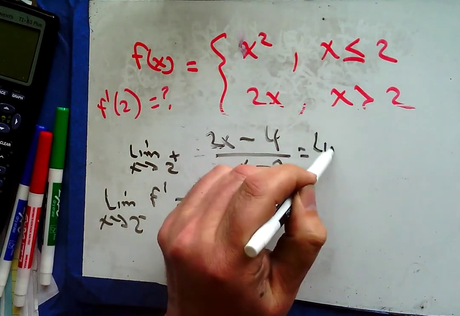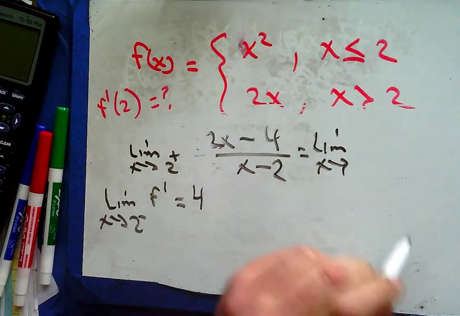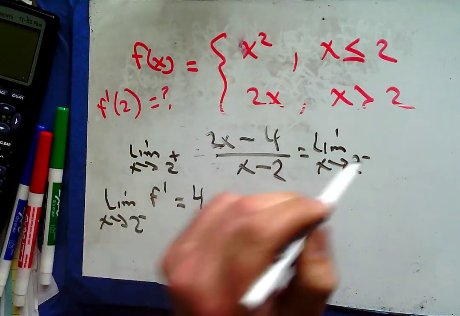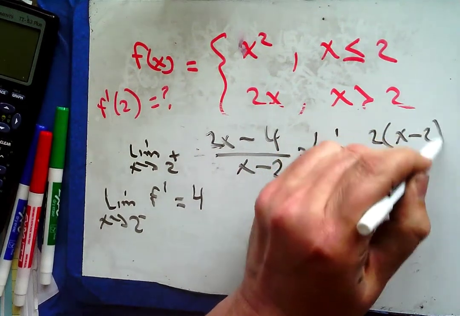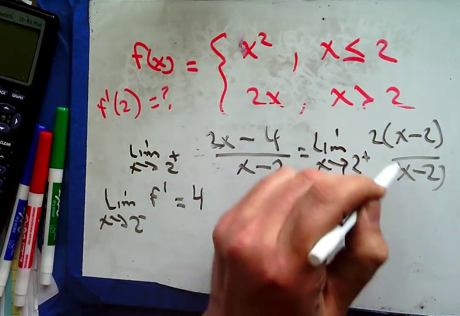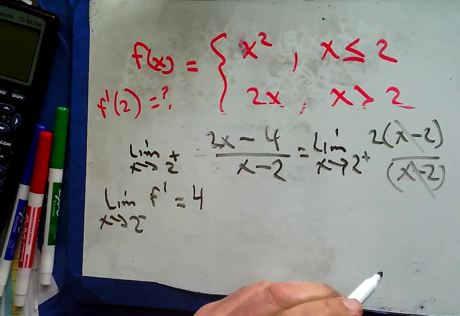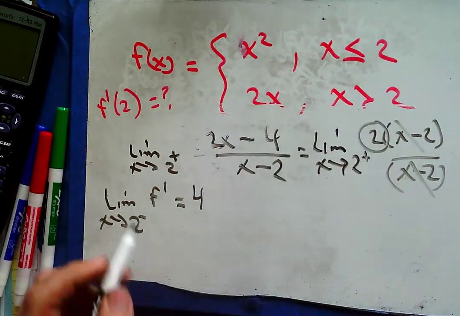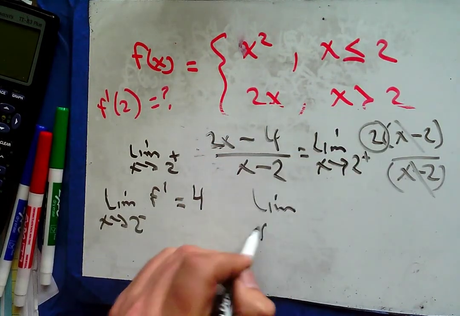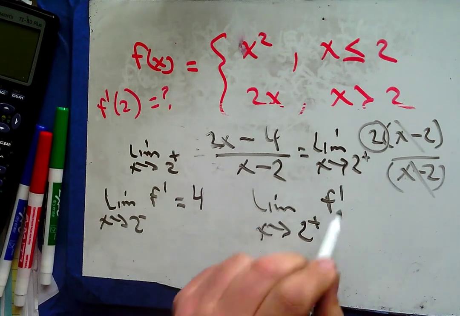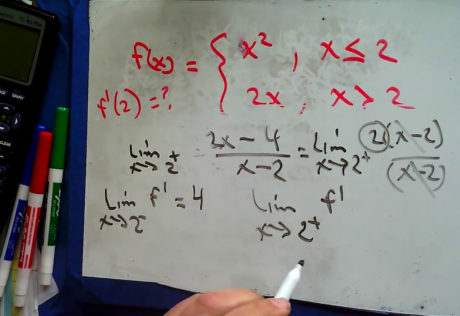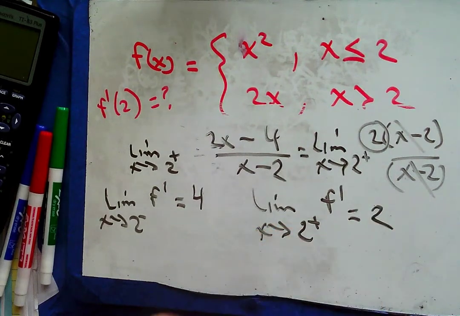So here I've got the limit as x approaches 2 from the positive side of 2 times x minus 2 over x minus 2, and I get 2. So the limit of the slopes from the positive side is 2.